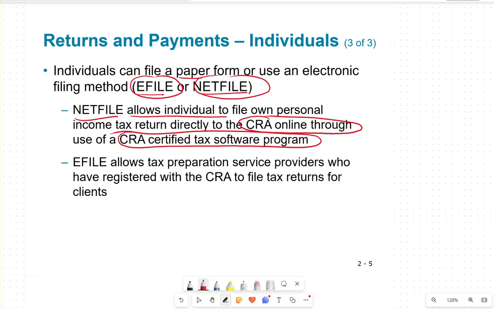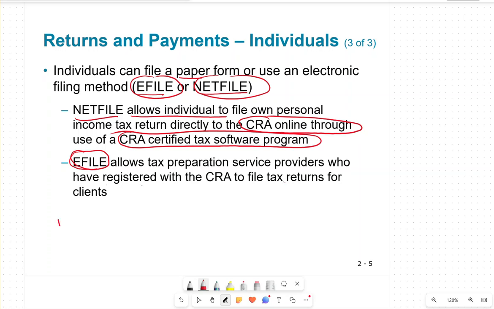All you do is fill in the forms that apply to you. You could also e-file, which allows tax preparation service providers who have registered with the CRA to file their tax return.